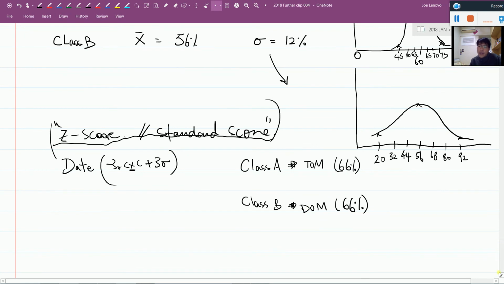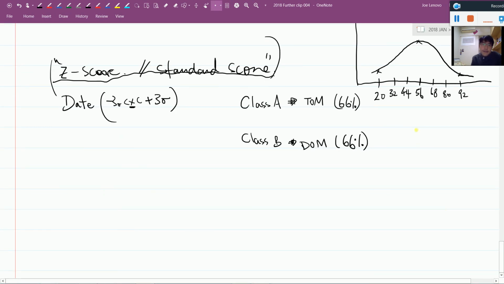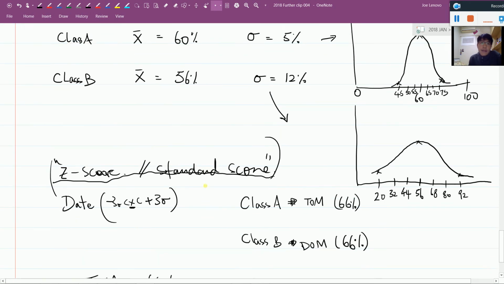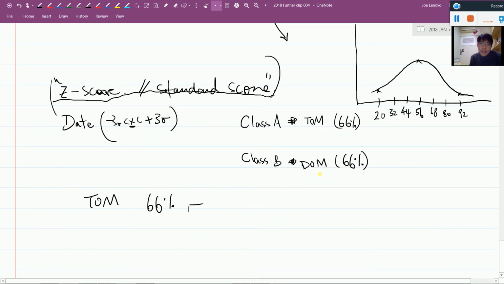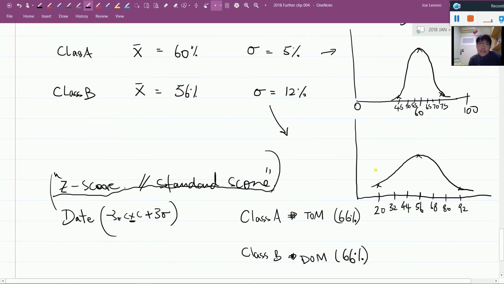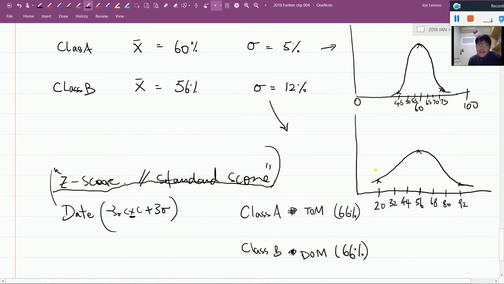So what we do is calculate Tom is 66%, which is how many percentage away from the mean. The mean for the class A is 60%. So 66% take away 60 equals 6%. Is 6% more than the mean. And we need to consider what would be the standard deviation.